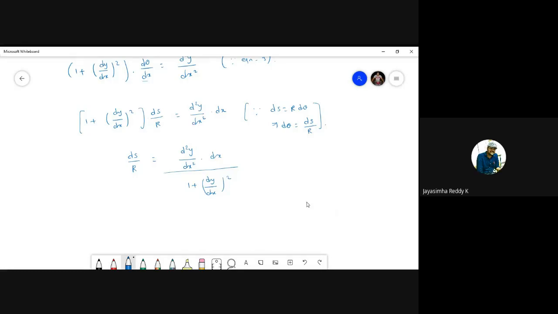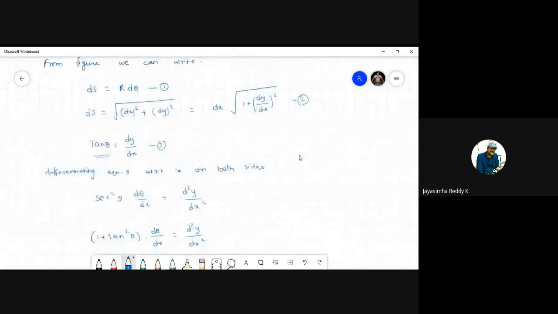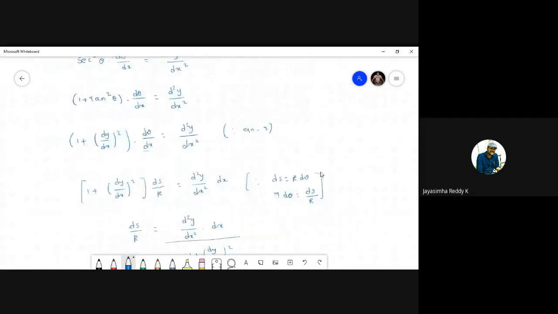So here, if you see here, students, according to equation number 2, ds is dx root of 1 plus dy by dx whole square. I'll substitute equation number 2 here.